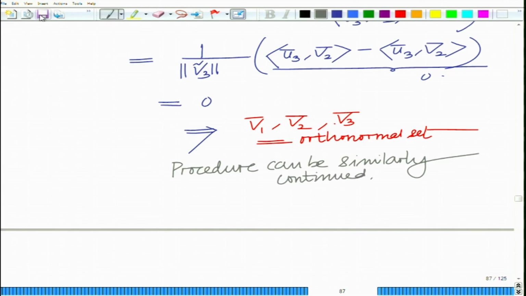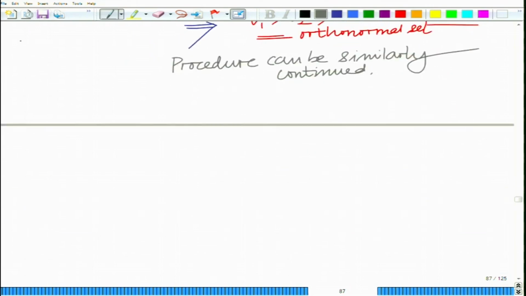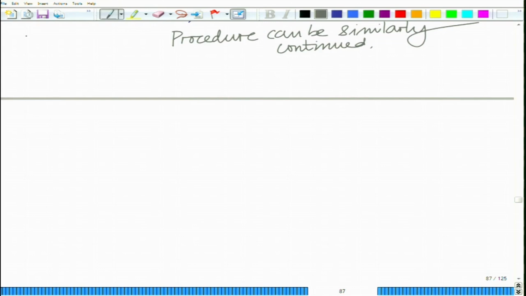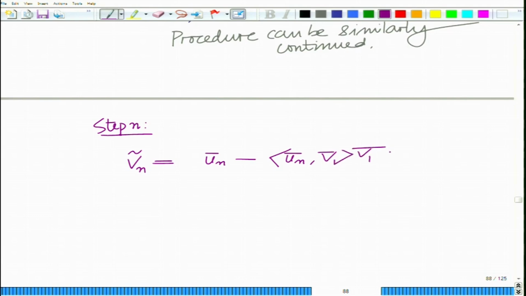And the procedure can be similarly continued. What we do in step n is we have Vn tilde, which will be Un bar minus the projection of Un bar on V1 bar, that is Un bar comma V1 bar into V1 bar, minus the projection of Un bar on V2 bar, remove that, and so on and so forth.